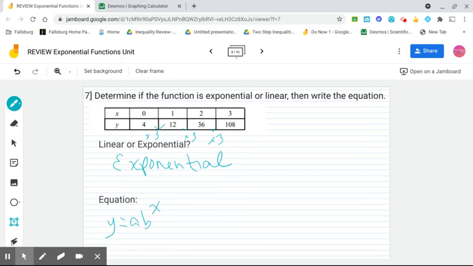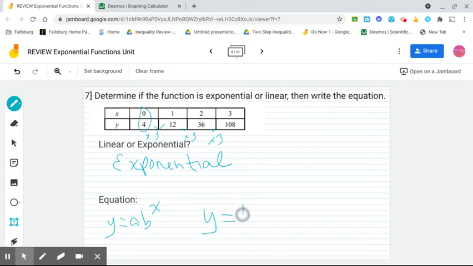And remember, a is the y-intercept. That's whenever x is equal to 0, so here, x is equal to 0 here, that means the y-intercept is 4. That's what a will be.